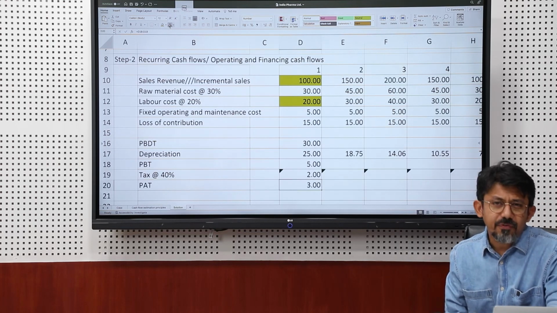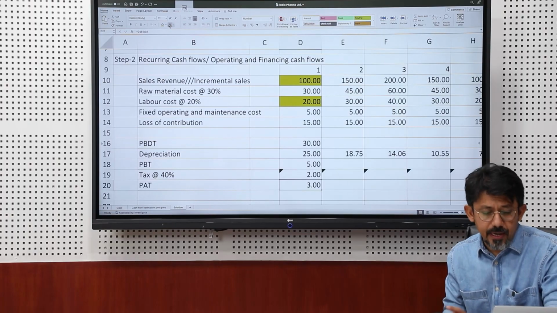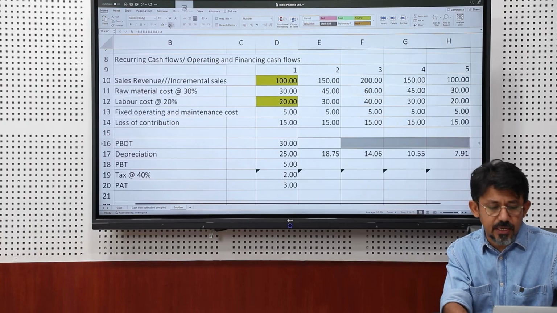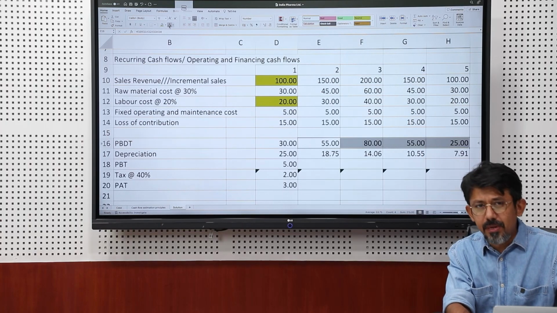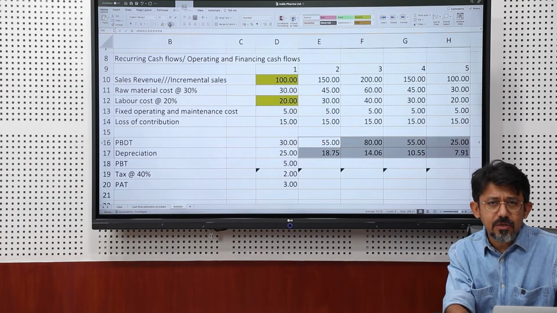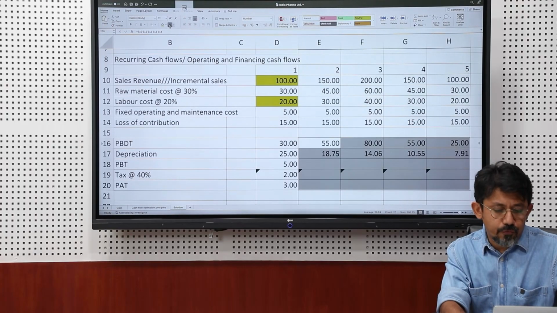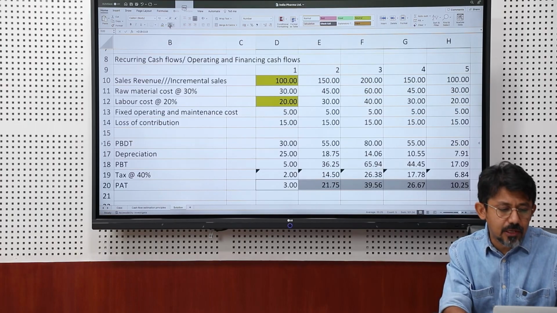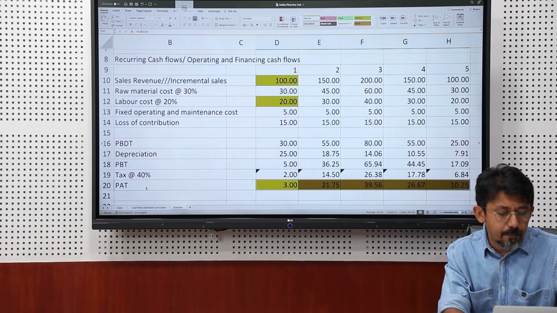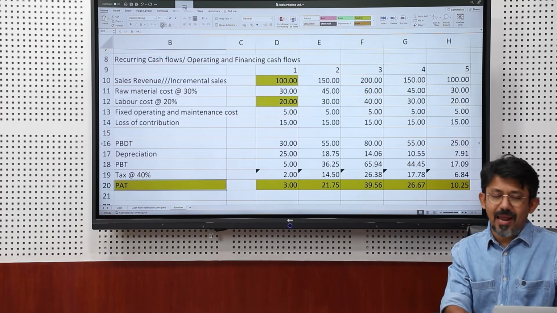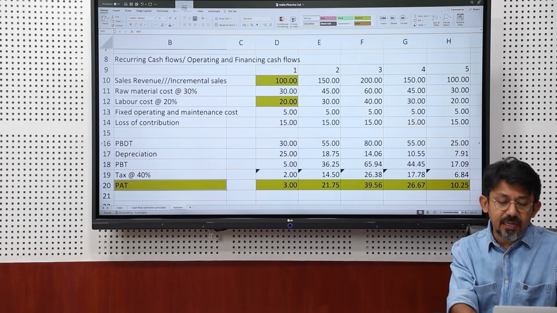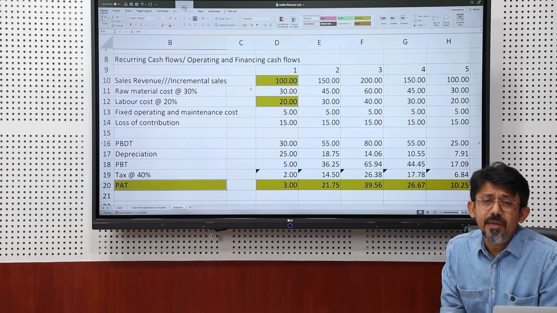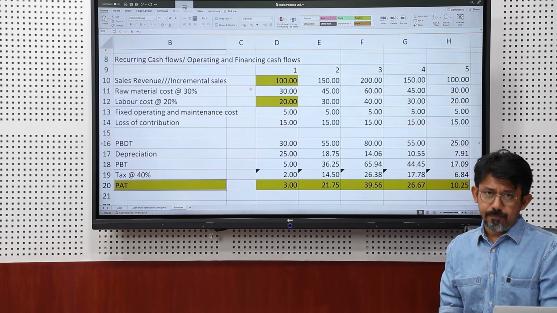So, profit after tax of 3 million is what we have calculated, and on similar basis I would urge you all to go through the Excel sheet and look at the PBDT, less depreciation and less tax for all the years. That is an easy calculation, and you should be able to come to the profit after tax, right. So, that is the PAT for 5 years, and then we move on from PAT to cash flows.